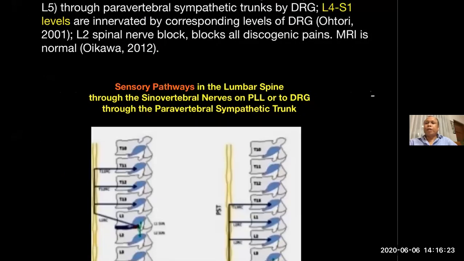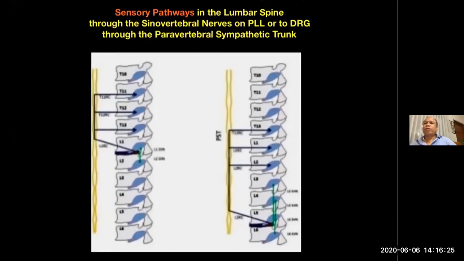Now, here is an illustration of the sensory pathways in the lumbar spine through the sinovertebral nerves. And as you can see, it is widely covering a bigger area in the lumbar spine. And so if we approach a specific area, for instance, we might not fully relieve the pain because of the extent of the innervation of this particular nerve.